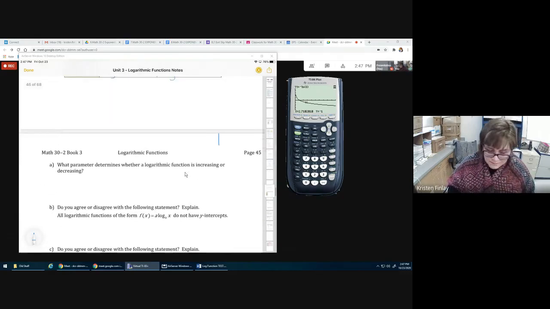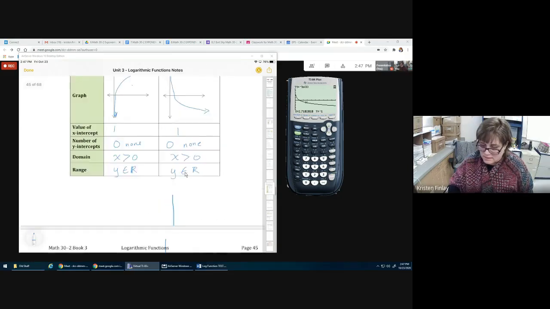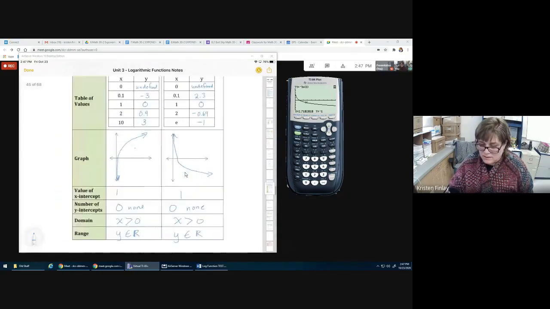Now, what parameter determines whether a logarithmic function is increasing or decreasing? It would be the a value. If we look at our two graphs, graph 1 would be increasing from left to right. Graph 2 would be decreasing from left to right.